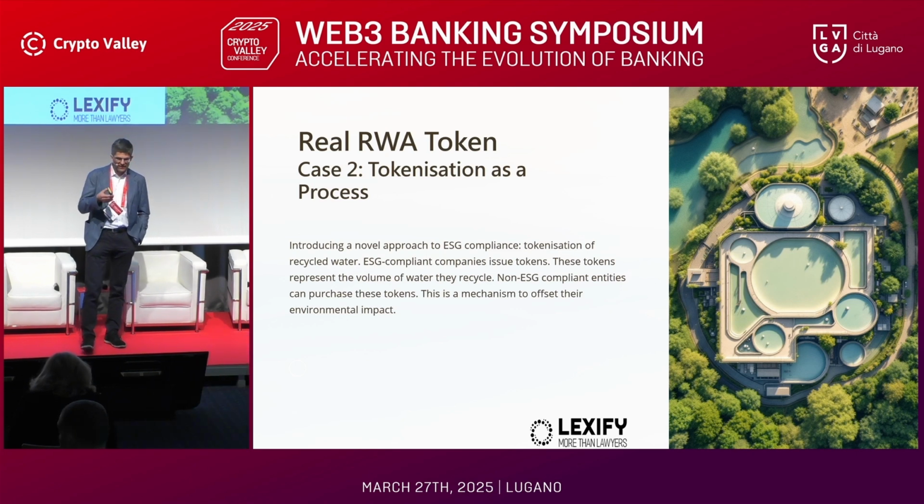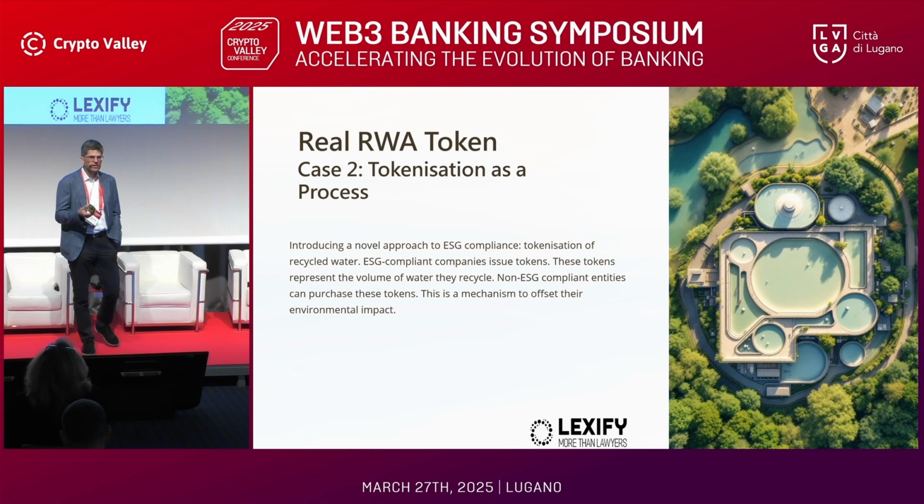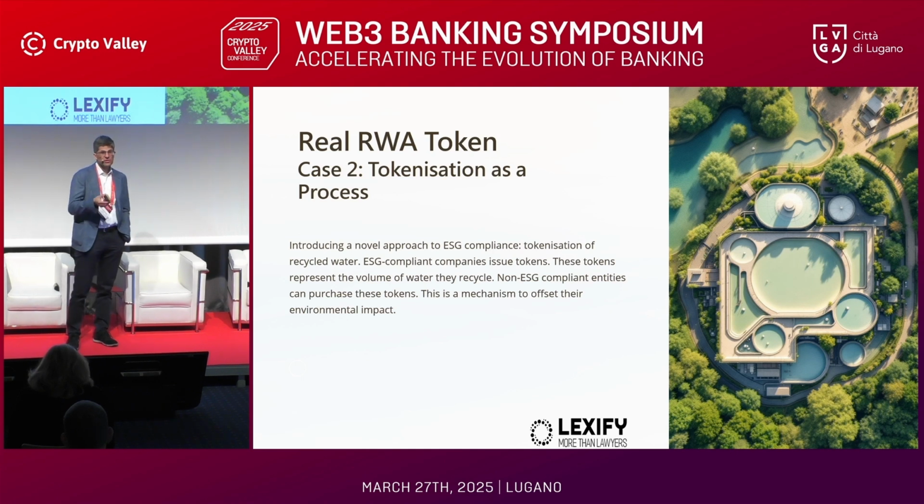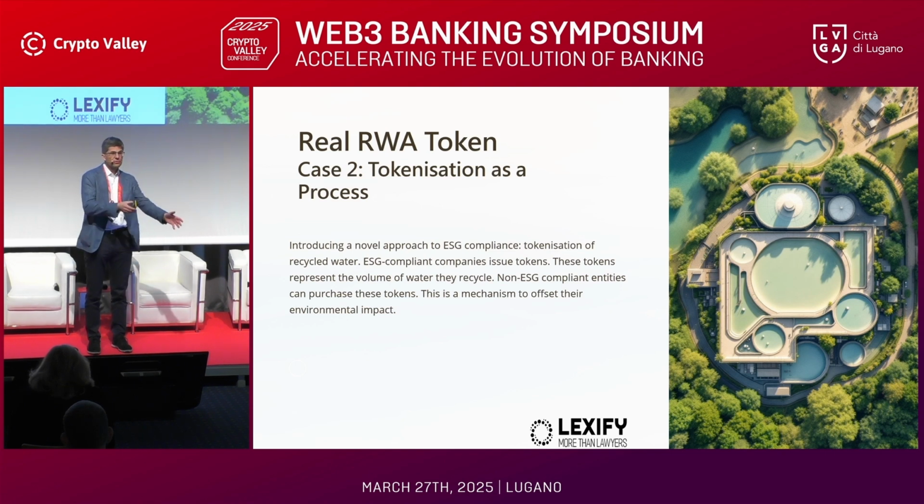And then we create a token, and this token is a sort of carbon credit for water. And why do you need this? You need this because for ESG requirements, some companies need to offset their use of water, and then they can purchase this token representing the recycled water done by the other industry.